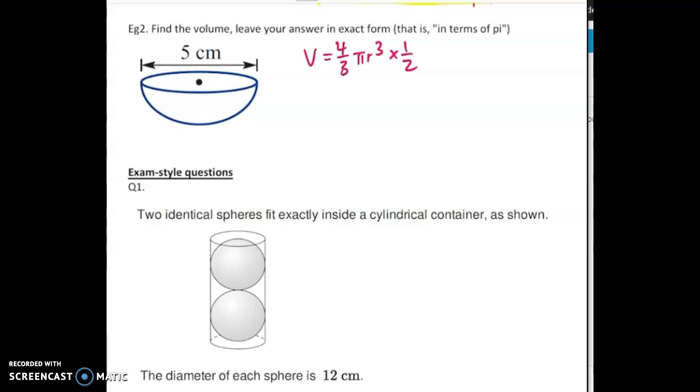So again, we need to find the radius of our hemisphere. Given the length across the whole circle, okay, and that would be the diameter. So the radius would be half of that, 5/2, which is 2.5. Let's substitute that into our volume equation.